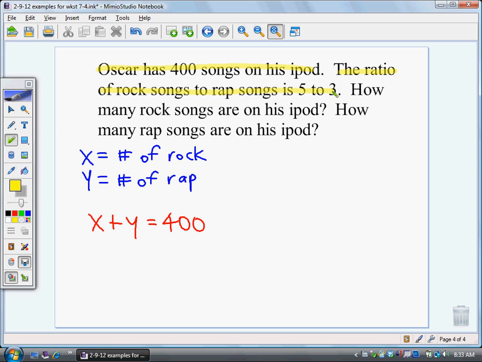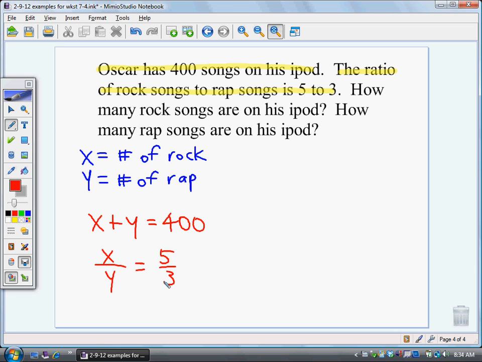The ratio of rock songs to rap songs is 5 to 3. Now, ratio, remember, is just a fraction. So the ratio of rock songs to rap songs is equal to 5 to 3. And now there's my system.